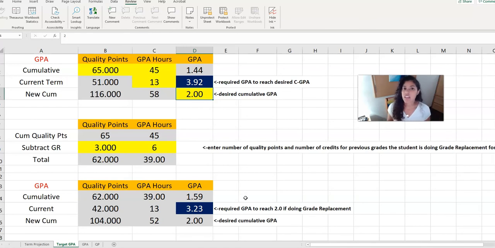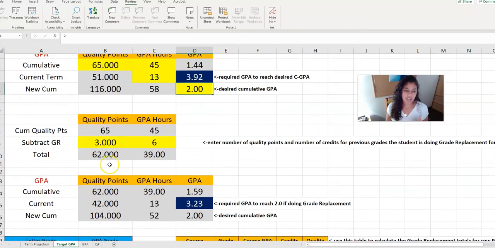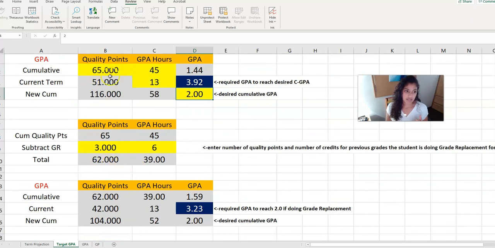Now this isn't taking into account what grade they're earning necessarily in that replaced course. All this is doing is saying, okay, they had this many quality points, and we take that out. So it's actually subtracting here from here to get 62 and 39. So, if we remove those from the calculation, what is their GPA?